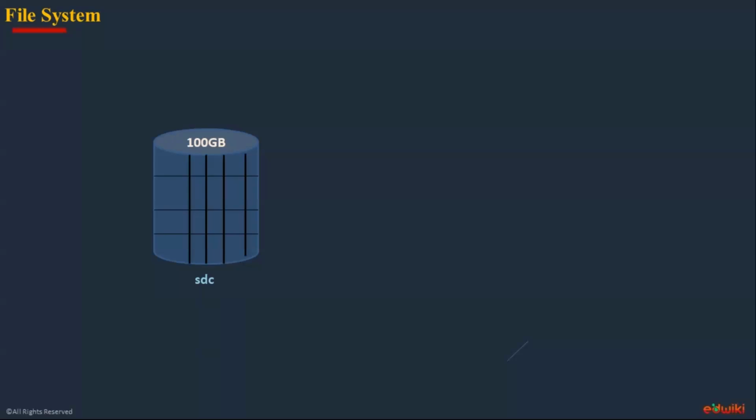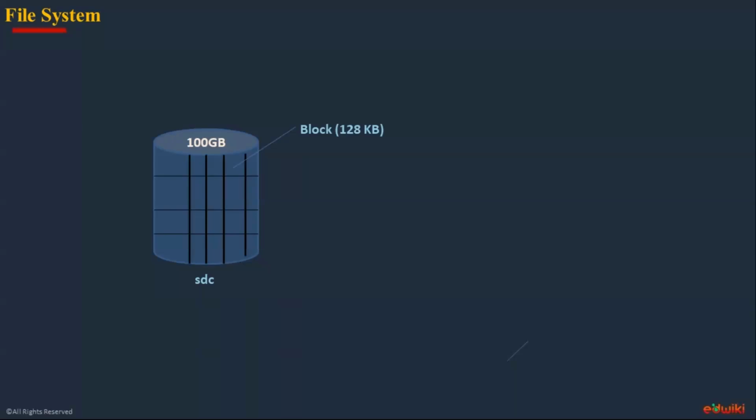Whenever I use the terminology formatted, it means that your volume will get divided into multiple blocks. Let's say your volume size is 100 GB, then this entire 100 GB space is divided into a number of blocks. Each block will have its own size, could be 128 KB or 64 KB, could be different.